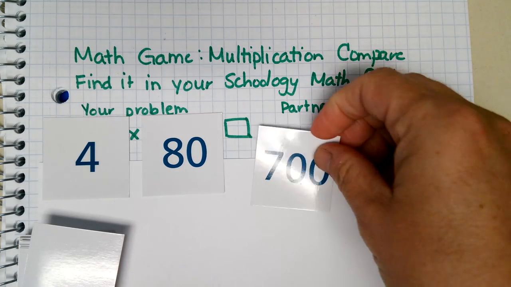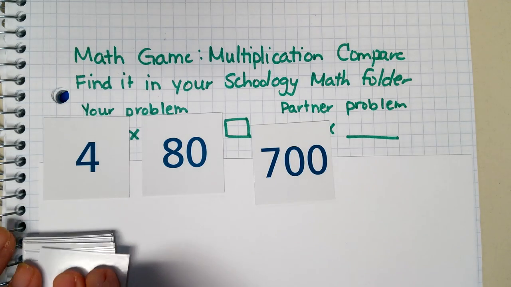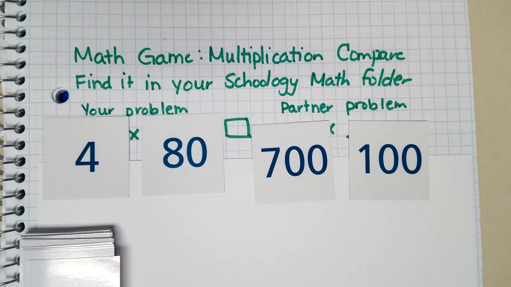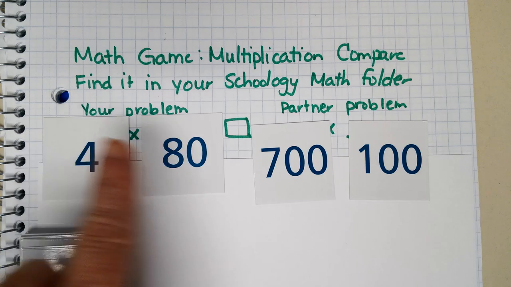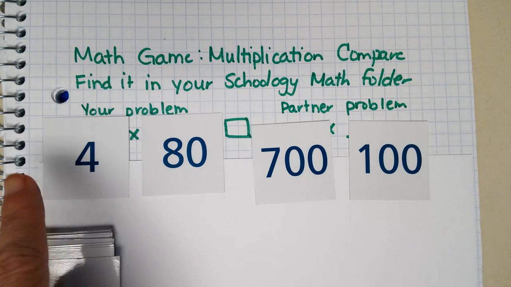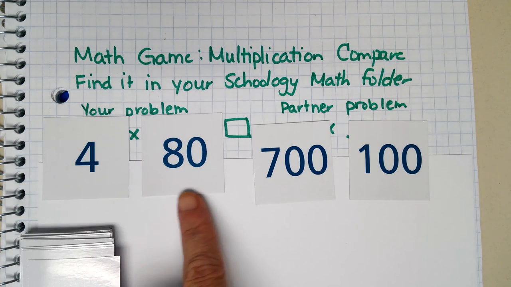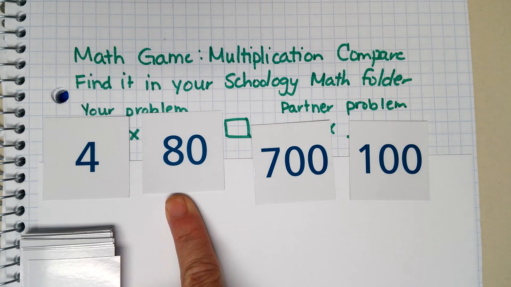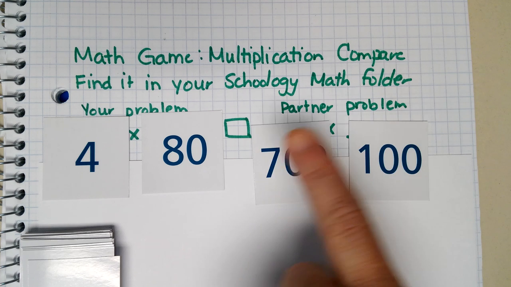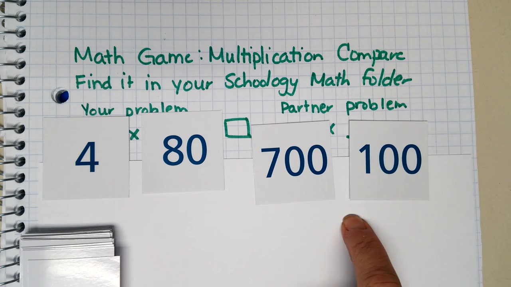And then my partner has drawn 700 times 100. Now, just by looking at this, ladies and gents, you can kind of estimate how big each number is going to be. And you're going to compare: is the product of my multiplication problem greater than or less than my partner's? As we can see right here, our partner's is clearly going to be greater.